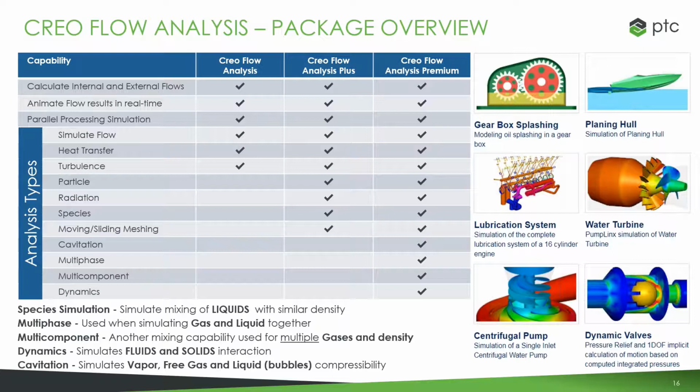The answer is it does depend, depending on how you set up the analysis, how many different conditions you want to look through, and what your actual system or assembly includes. But that's really one of the things this tool is targeted around: compared to your standard tool of running through CFD, it's going to be a lot faster. Bill, I don't know if you have any more insight in that sense.